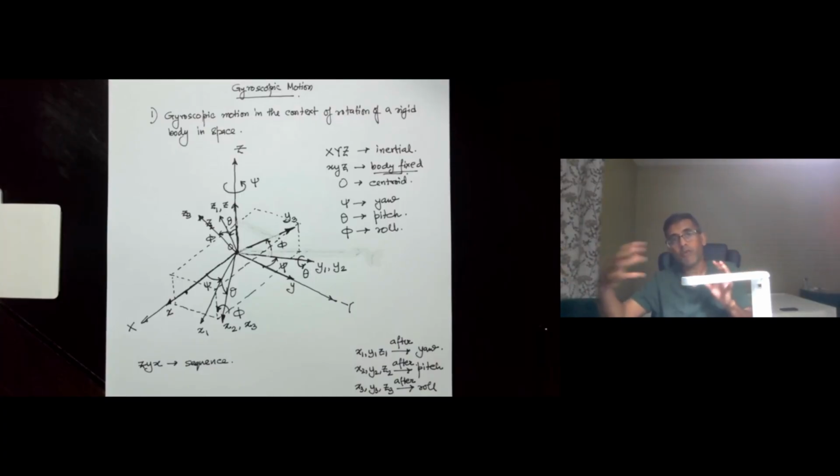And that would give me the overall mapping between the original XYZ coordinate of that point and the XYZ coordinate of that point in the rotated frame, or rather the coordinate after the rotations have taken place.